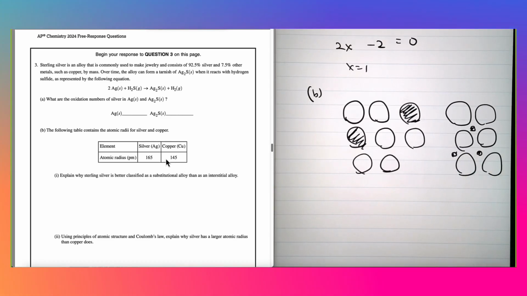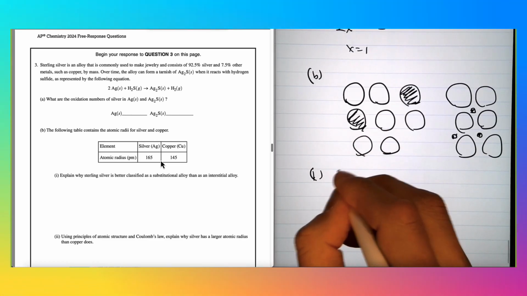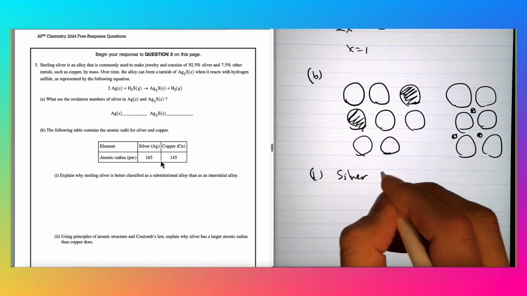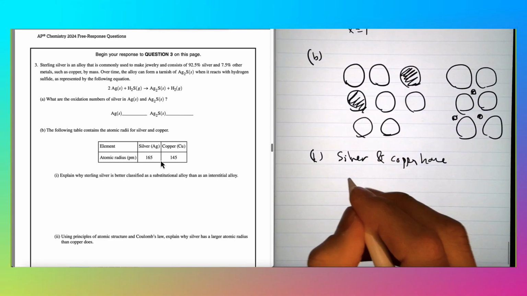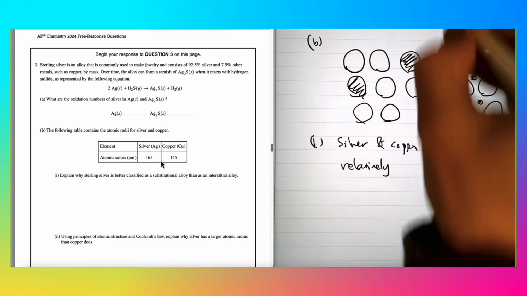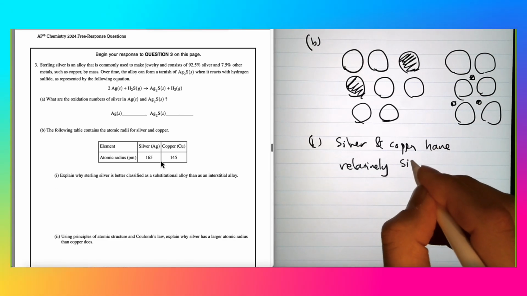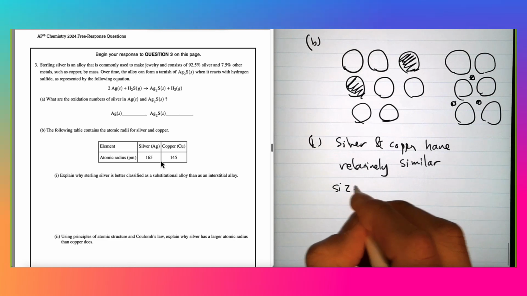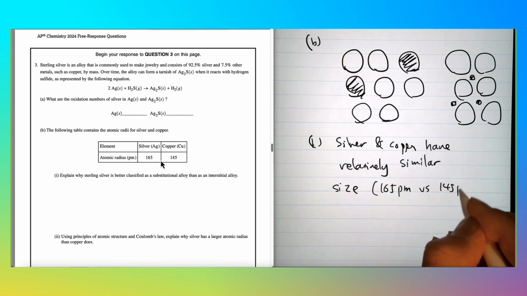Now, because their atomic sizes are not drastically different, we can just say in part B-I that the silver and copper have relatively similar size, 165 picometer versus 145 picometer.